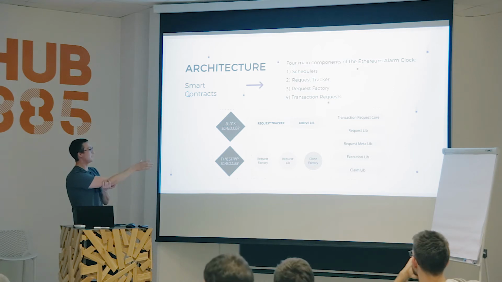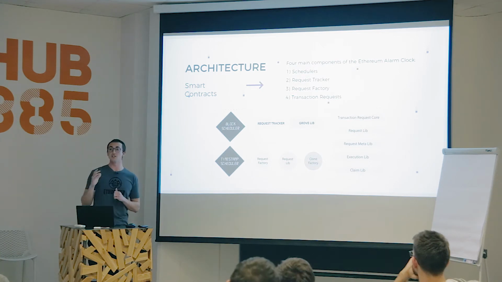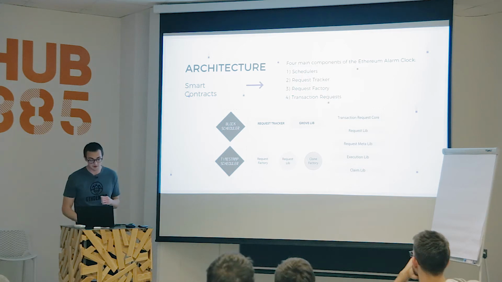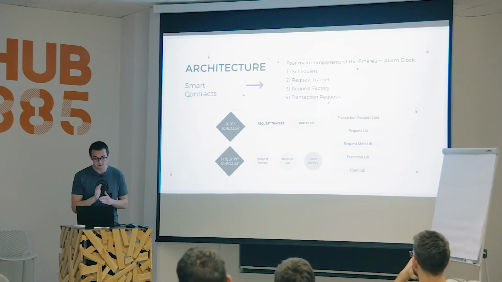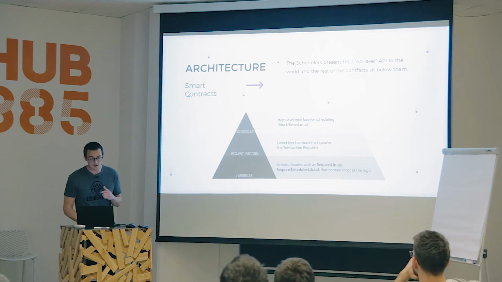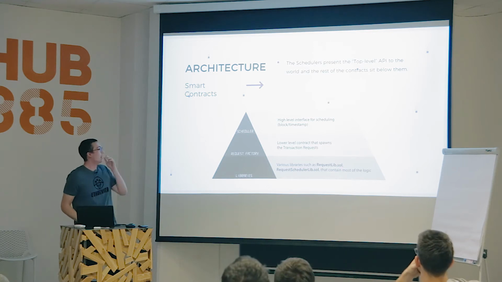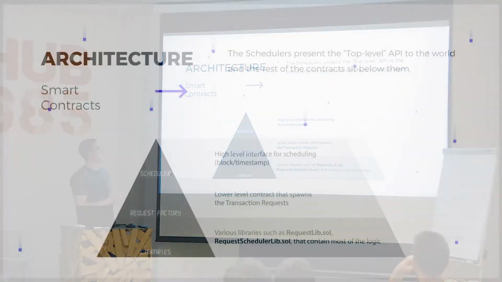And then we have the lower level request factory, which does a lot of the heavy lifting work, and a request tracker, which is basically an on-chain database that stores all of the contract addresses. And this is just another way to look at it.